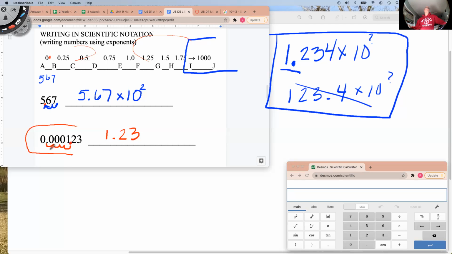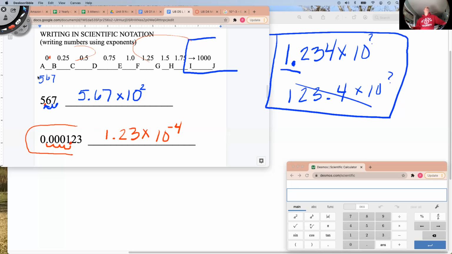So we're going to go 1, 2, 3, 4. So this is going to be 1.23 times 10 to the negative 4, because this is a small number. All right? Small numbers get that negative sign saying it's between 0 and 1. Large numbers just get a regular positive number.